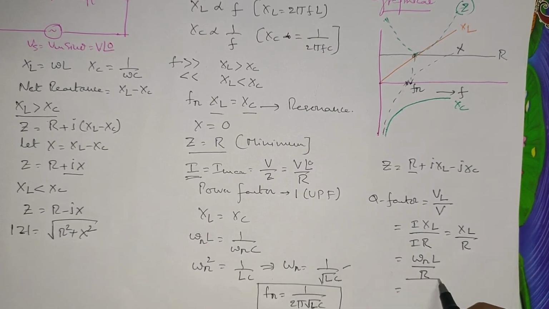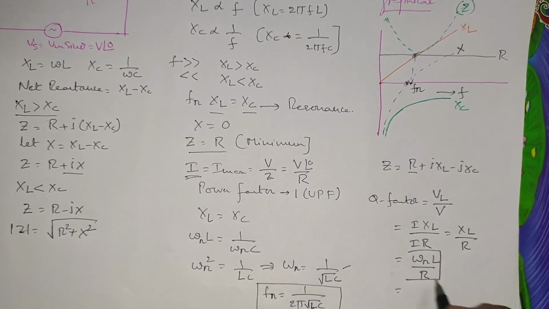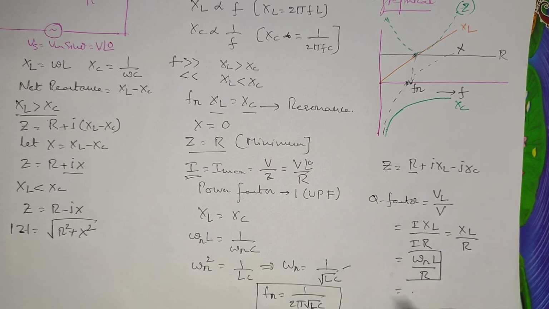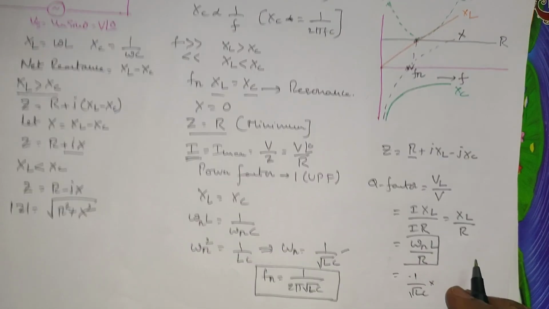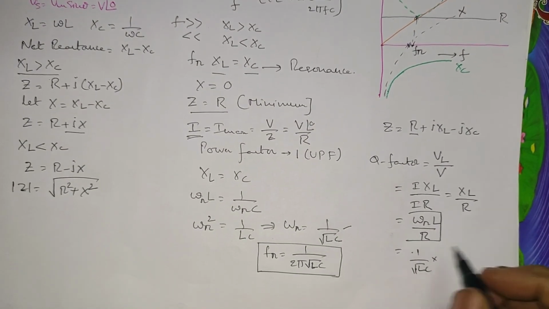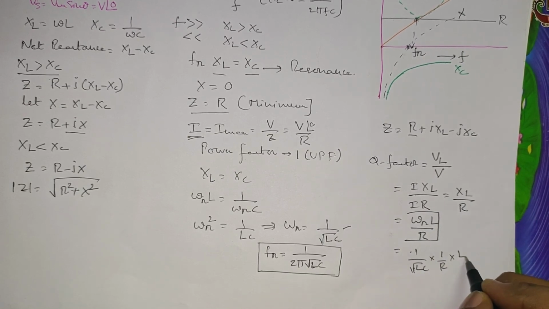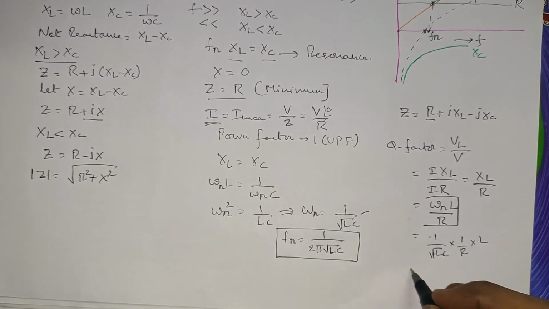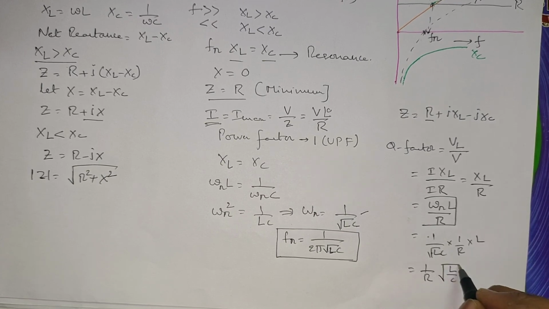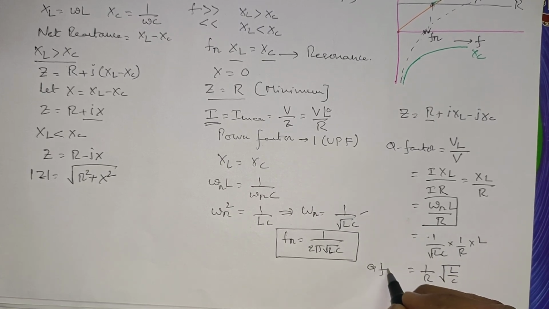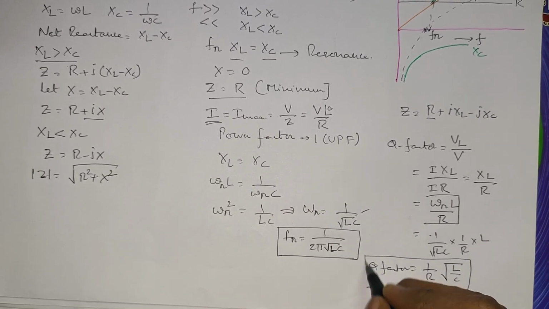So this is one equation for the Q factor of the series circuit, and if you substitute omega_R is equal to 1 by root LC, we are going to have 1 by root LC multiplied by L by R, and if we simplify this, we are going to have 1 by R into root of L by C. So this is how we can have the formula for calculating the Q factor of a series AC circuit.